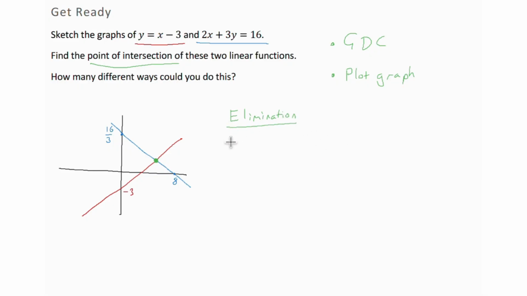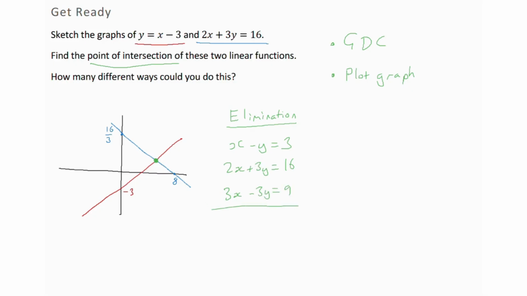Elimination is setting up this equation as something, let's say x minus y equals 3, rearranging that one, and 2x plus 3y equals 16, and then solving these by eliminating. So multiplying the first one by 2 or 3 so that the x's or y's are the same. If I multiply the first one by 3, I'll get 3x minus 3y equals 9.